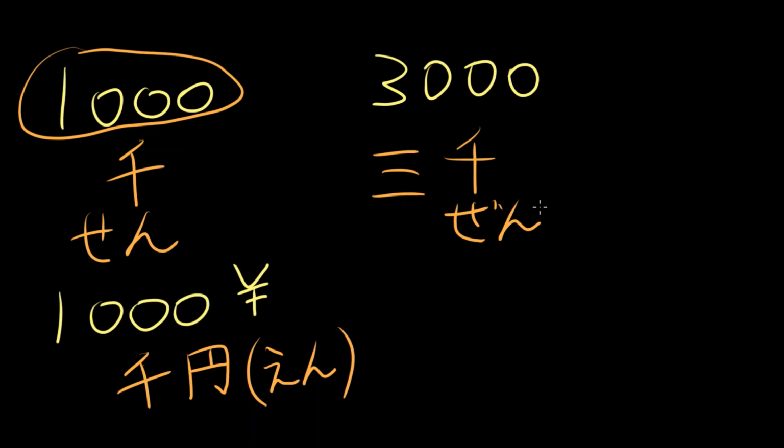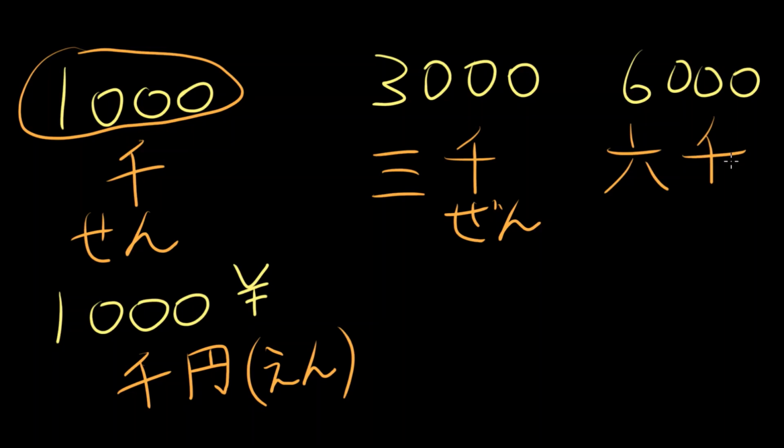Okay, so 4,000 would be yon sen. 5,000 gosen. 6,000 doesn't have an exception with sen. So 6,000, you can just say roku sen.